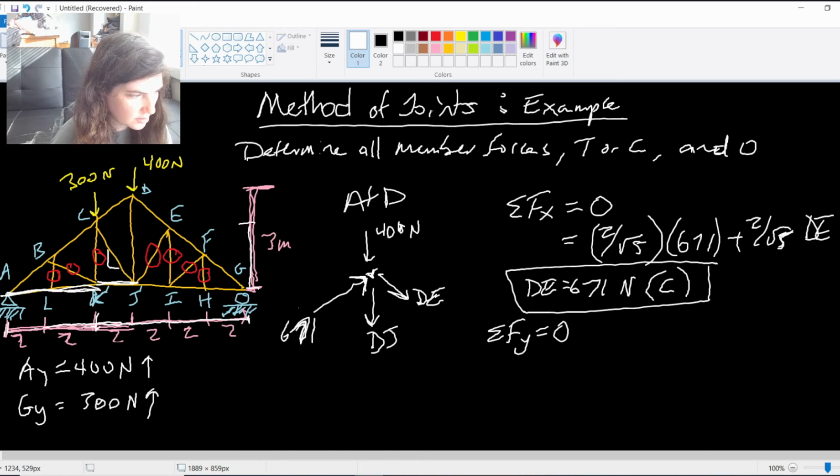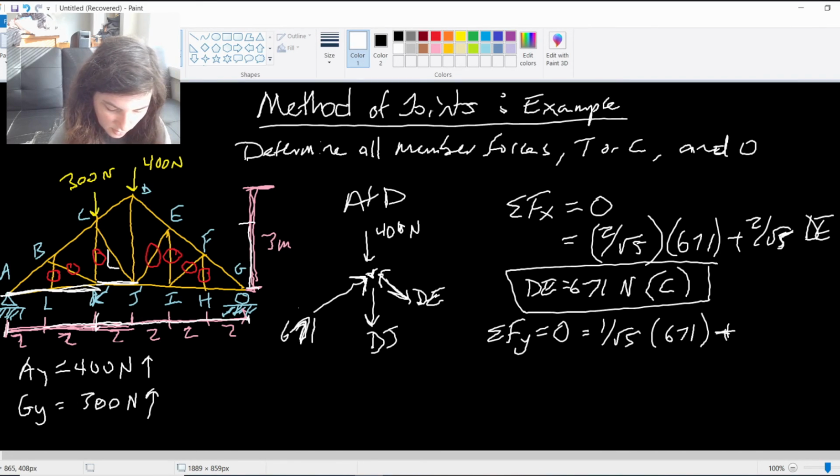Do my y forces, y force equilibrium here. I'm going to have 1/5 the y component of 671 plus my y component of DE, which remember is now pointing in the opposite direction, so it is a plus. DE is actually pointing up.